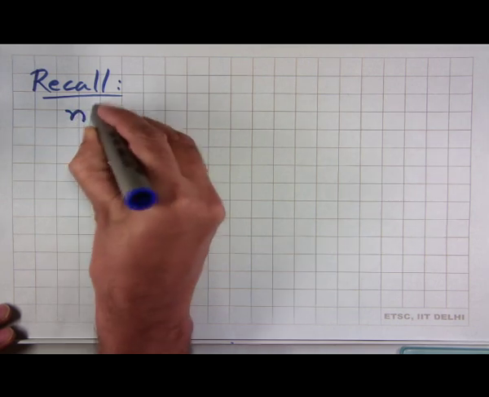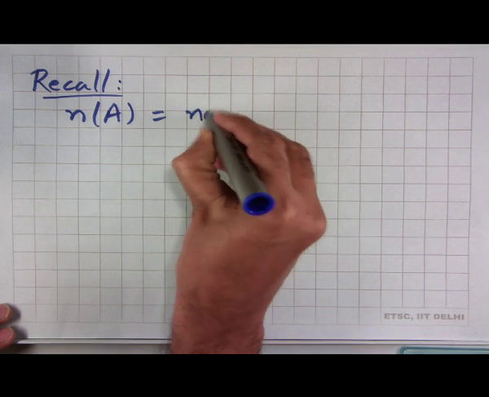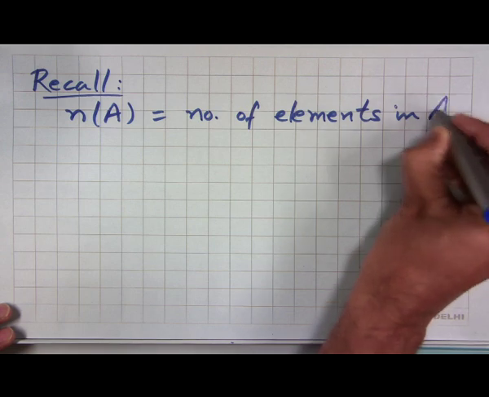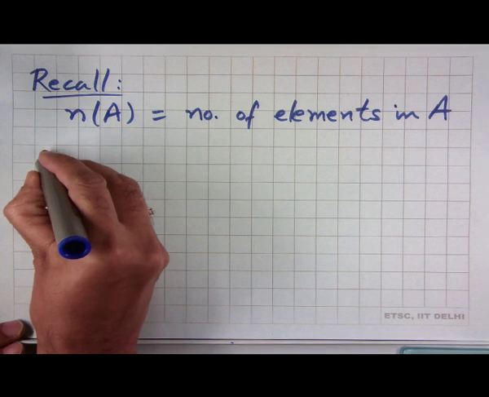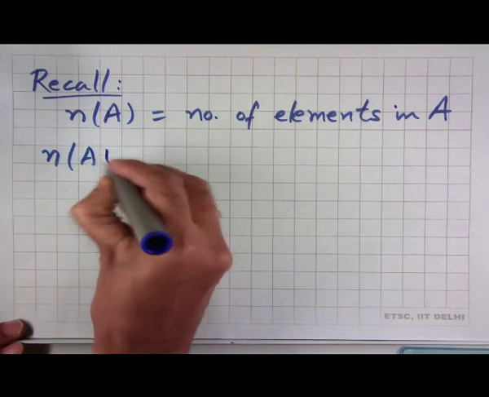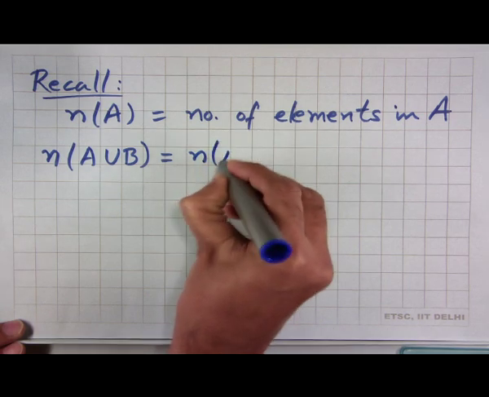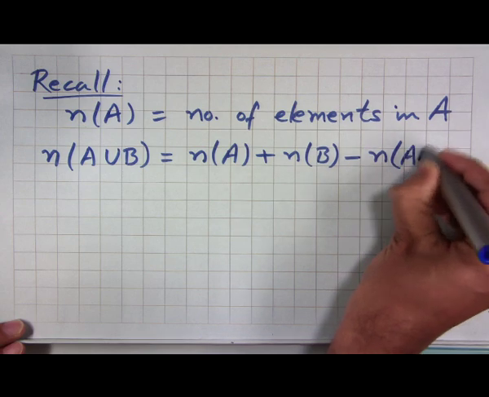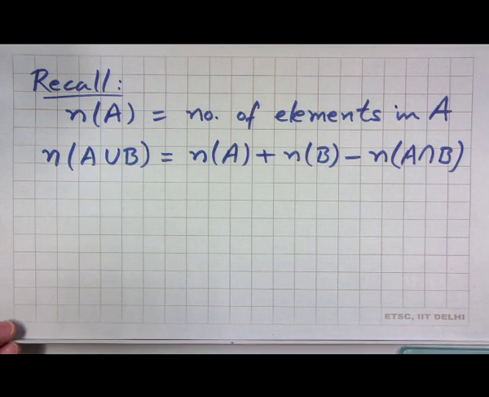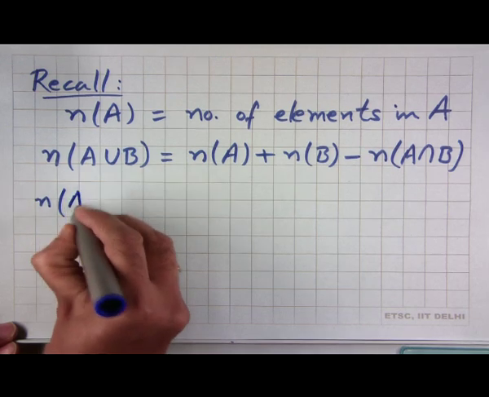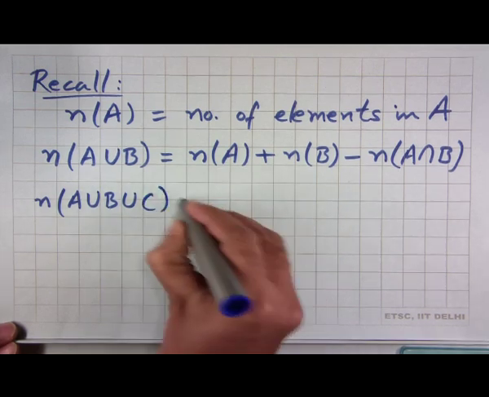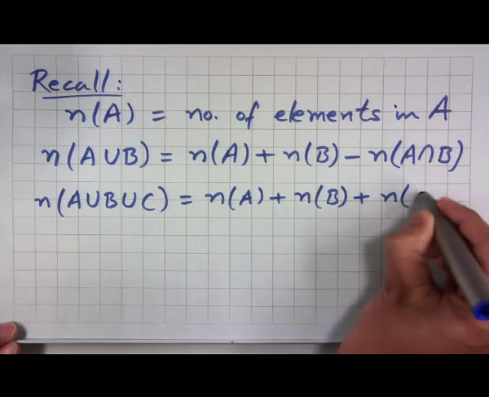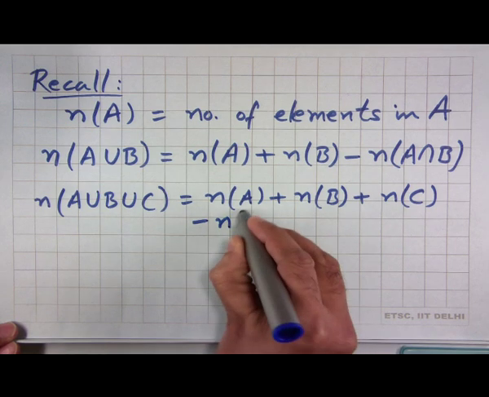Let me first recall, if n of A is the number of elements in the set A, then for given two sets A and B, the number of elements in the union is given by n of A plus n of B minus n of A intersection B. And also we have for three sets n of A union B union C, this is equal to n of A plus n of B plus n of C minus the number of elements in the intersection of any two.